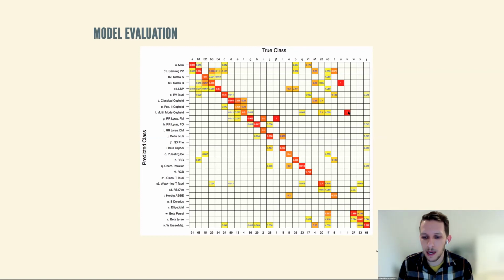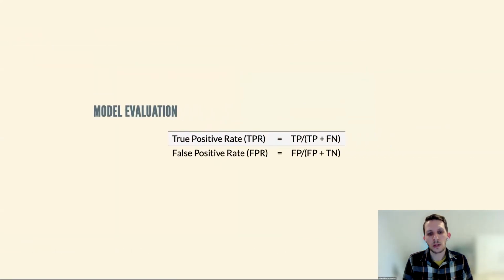So over here, we can see that all of this class V is actually being misclassified as class F, right? And so that tells us that if we want to go back and work on our feature engineering, we should be thinking about how we can do a better job of separating instances of class B and class F. So the confusion matrix is really useful in that regard, okay?